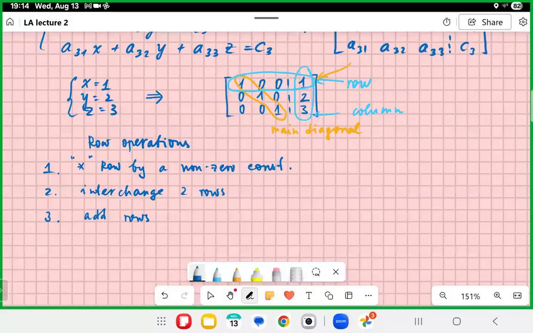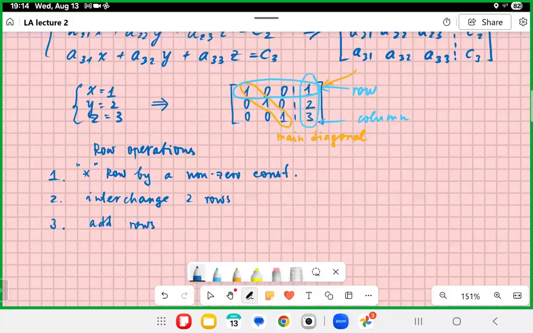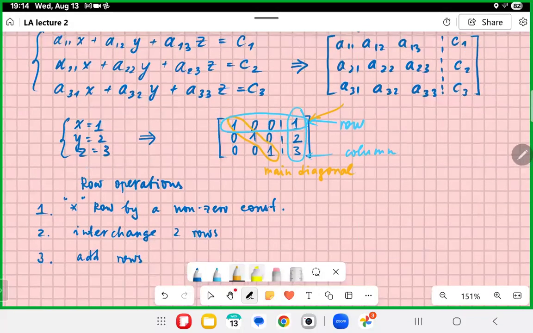The form we have where we have only ones on the main diagonal and zeros everywhere else is called reduced row echelon form.